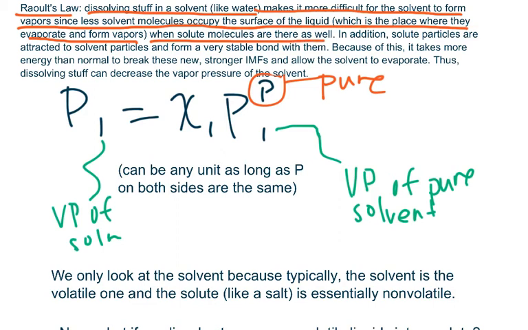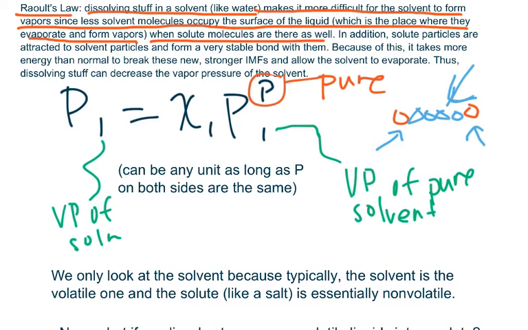So, solute molecules and solvent molecules now make up the surface, which is where the solvent, or the ones in blue, are supposed to evaporate. And since these solute molecules take up that space as well, then it's harder to create vapors because there's not as many solvent molecules on the surface to evaporate.